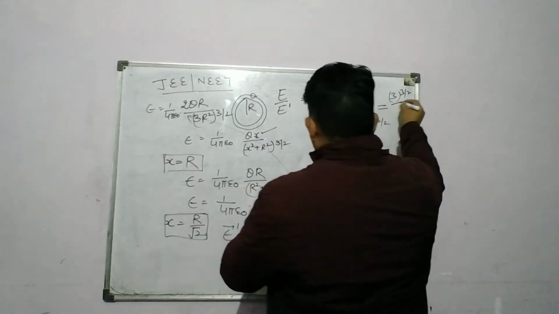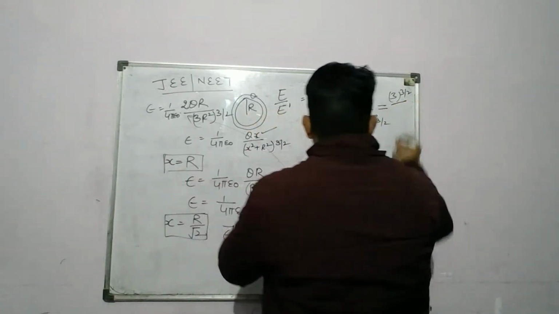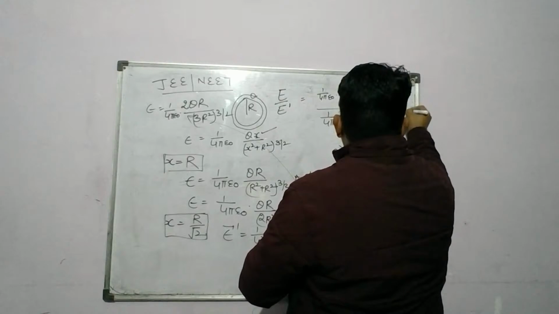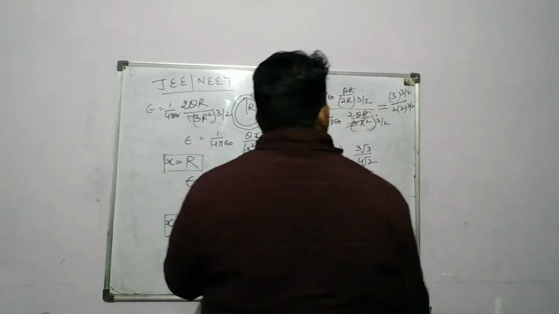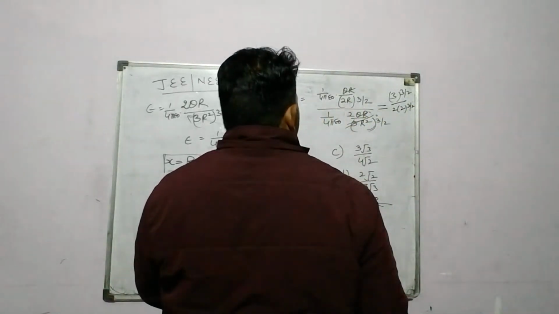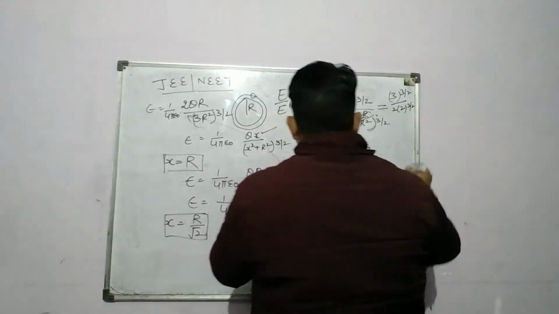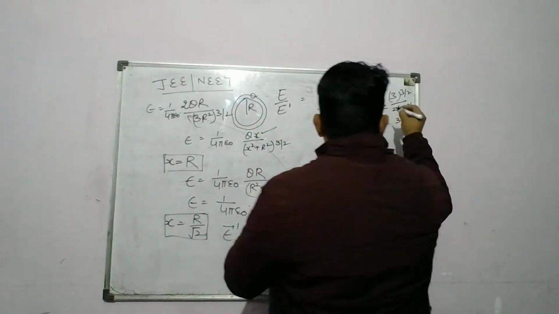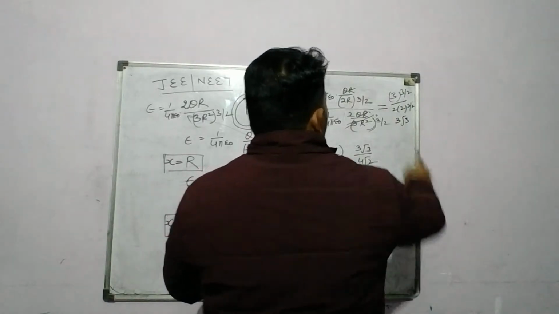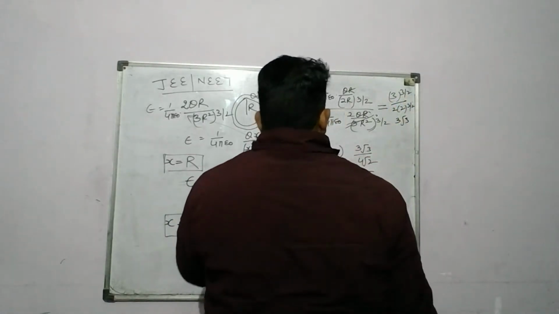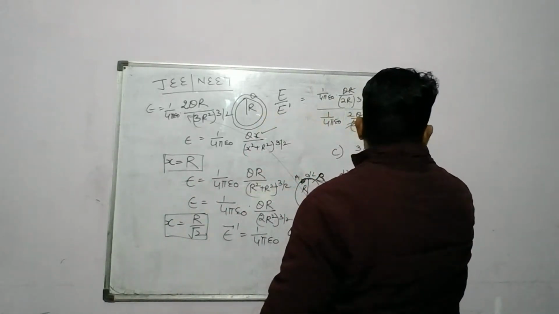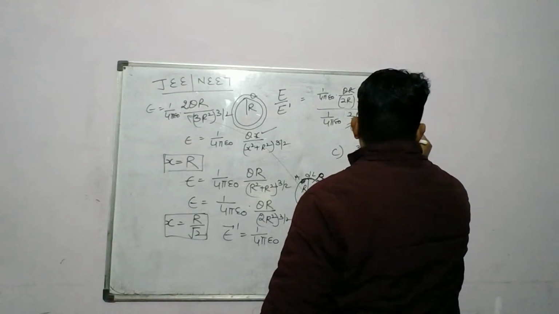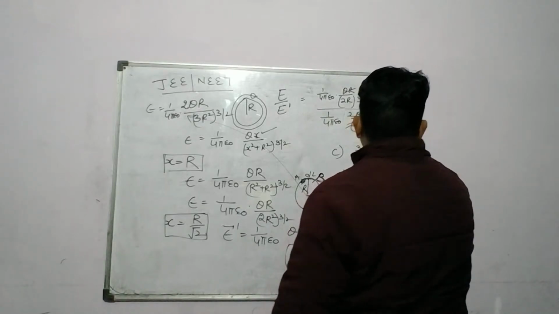So after that 2 and 2 raised to power 3 by 2, clear? So it means this will be equal to 3 under root 3, and 2 into 2, 4, 4 under root 3.